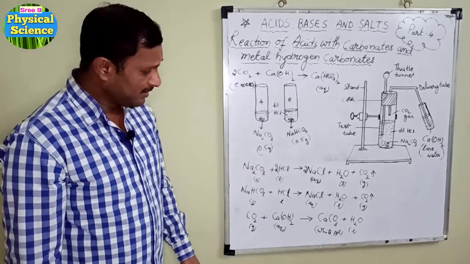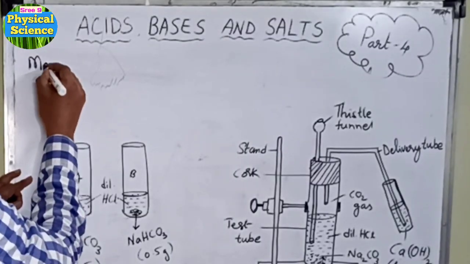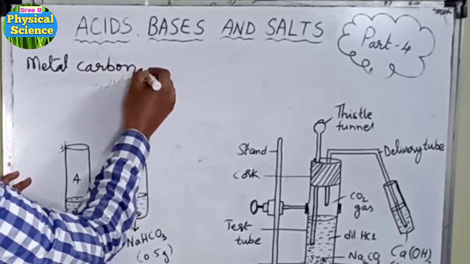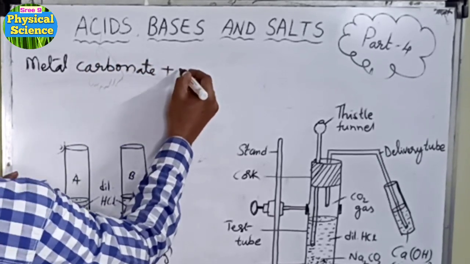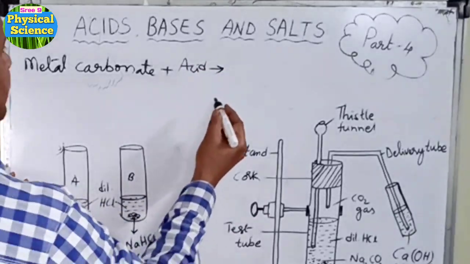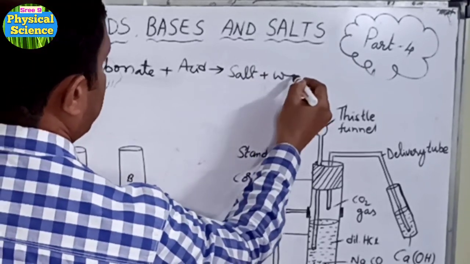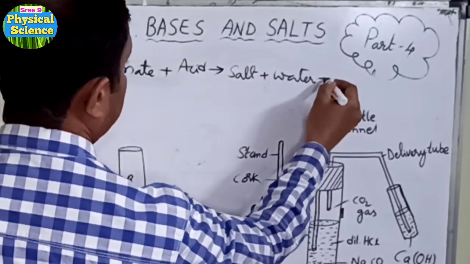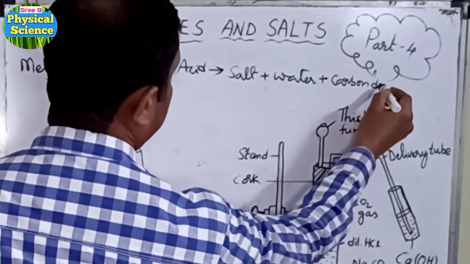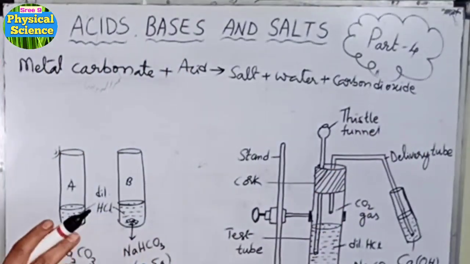Clear? Right. Now here what we have taken, first metal carbonate plus acid. What are produced? Salt plus water plus carbon dioxide, right? Clear?